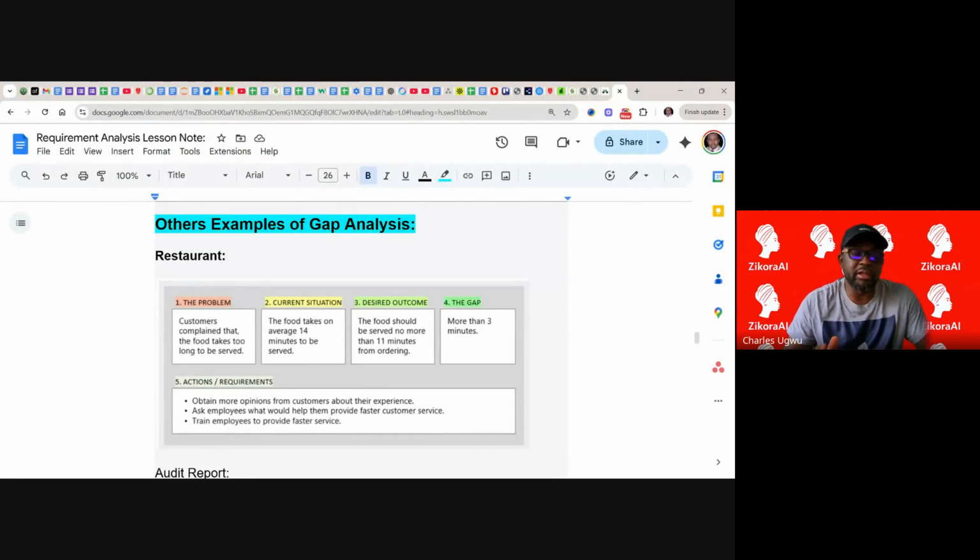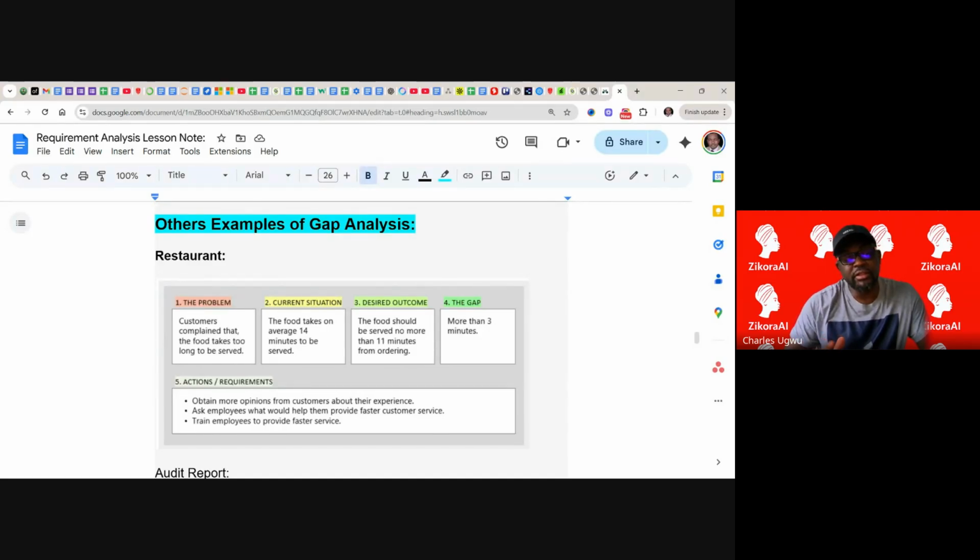Customers are complaining they cannot wait up to 14 minutes before they get their food served. If this kind of thing continues, that restaurant is likely going to close because all the customers are going to move to where they get faster service. So the problem is slow service. They need to get their service faster.